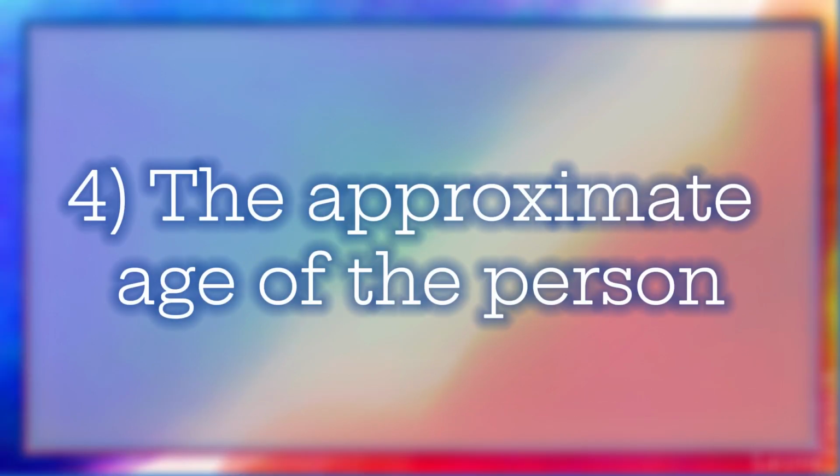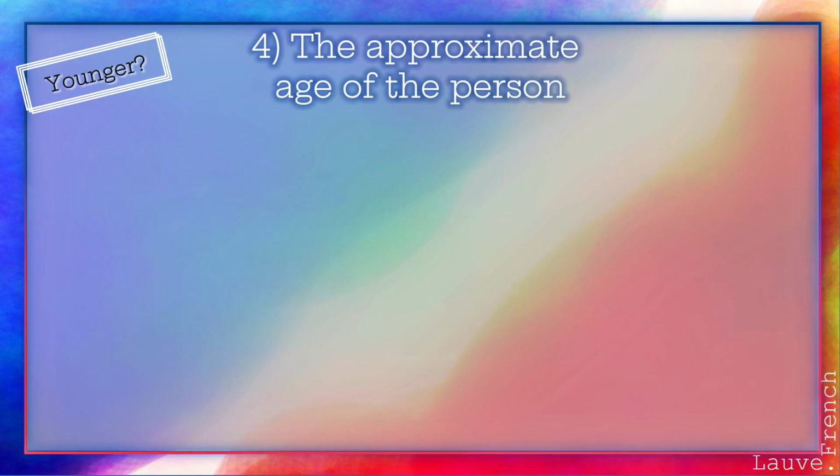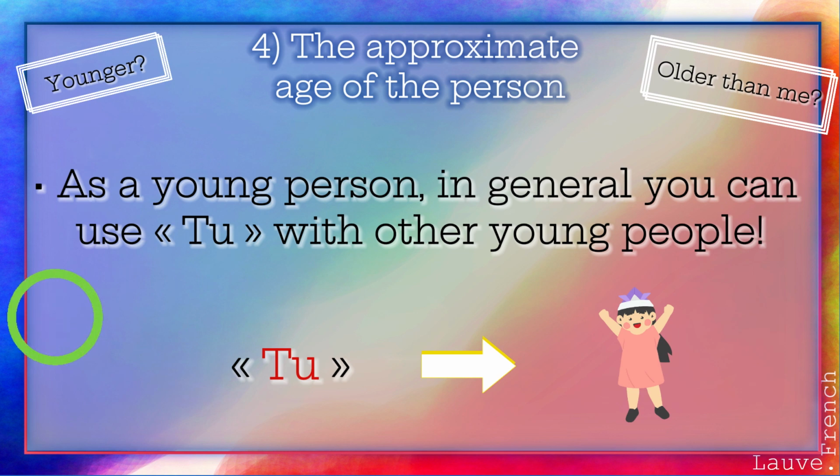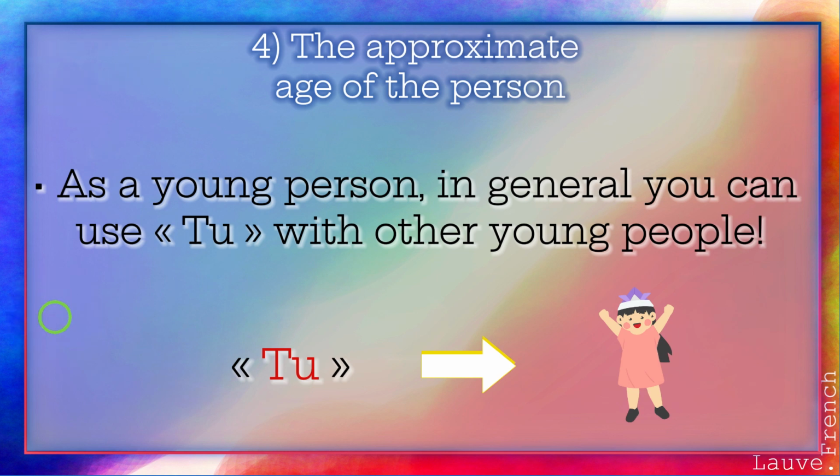So now let's finish with the fourth point, with the approximate age of the person. Yes, it also has an importance. Are they younger or older than me? As a young person, in general, you can use tu with other young people. For example, you can also say tu with someone younger, like a kid, even if you don't know him or her personally.